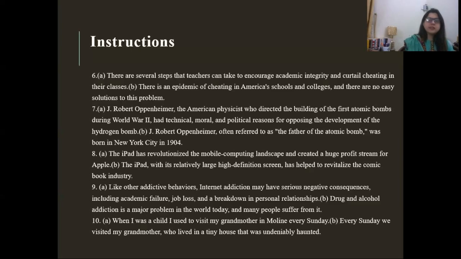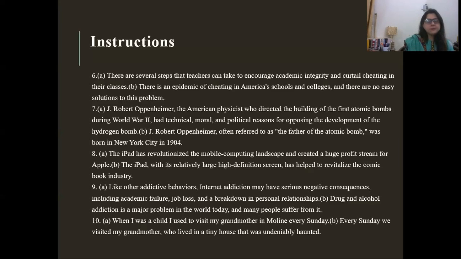He was not in favor of developing hydrogen bomb. So throughout the essay, the writer will talk about the technical grounds for opposing hydrogen bomb's development, the moral ground on which the American physicist opposed the development of hydrogen bomb, and the political reasons.